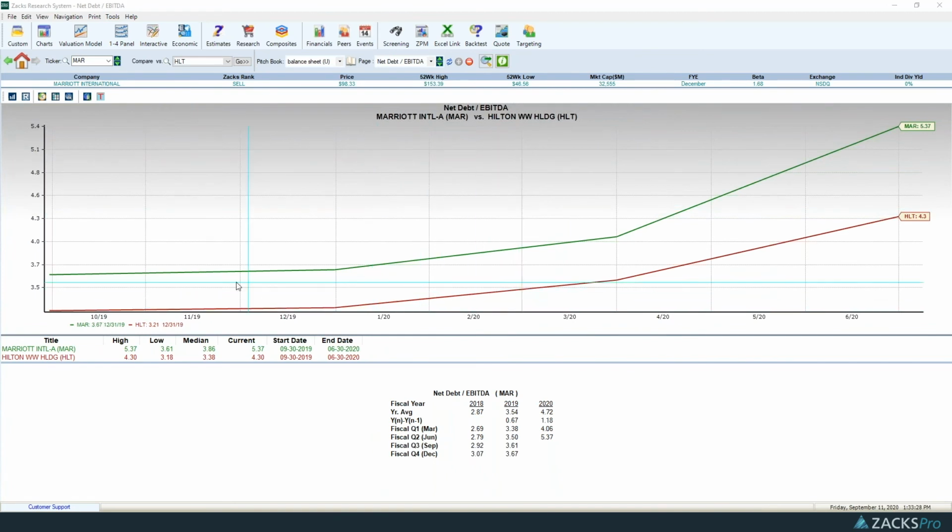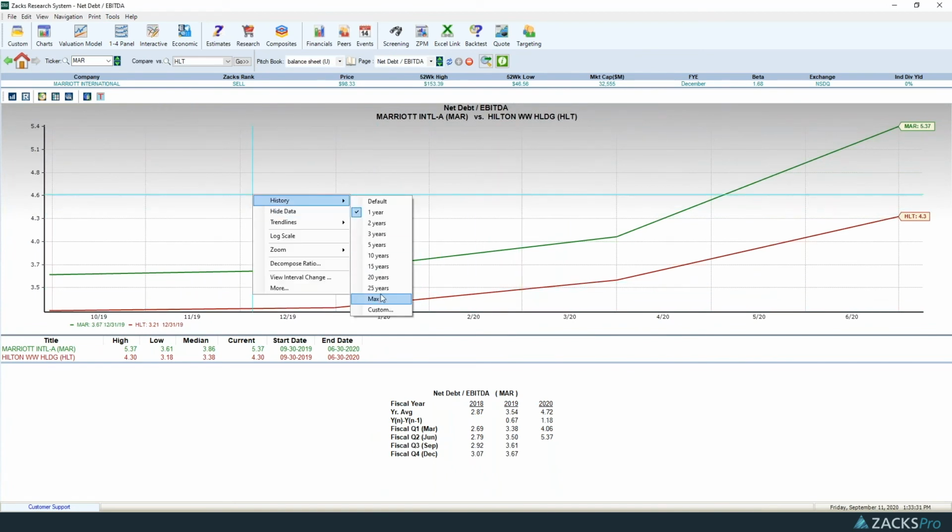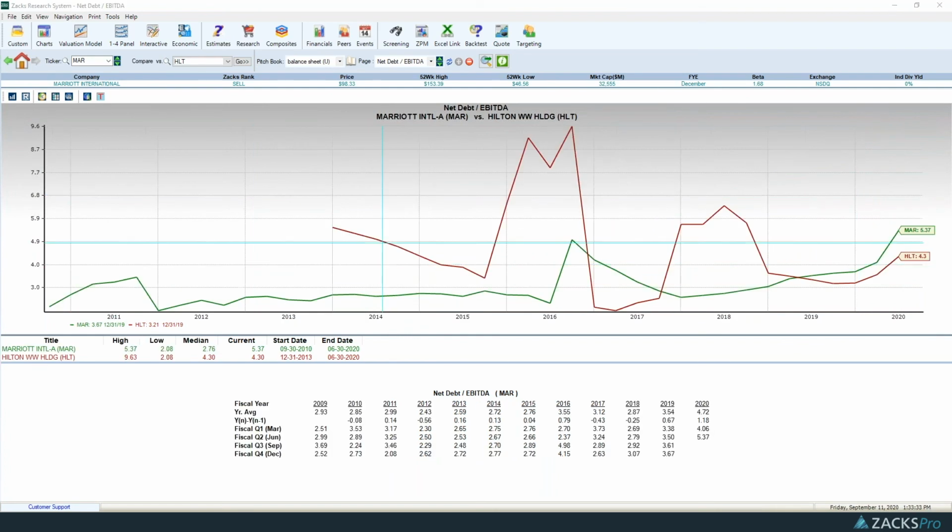And even according to the net debt to EBITDA ratio, you can see that Hilton has lower leverage versus Marriott. It was actually much higher a few years back, but they've really toned that down at pretty much the best possible time, right before the disruption of COVID.